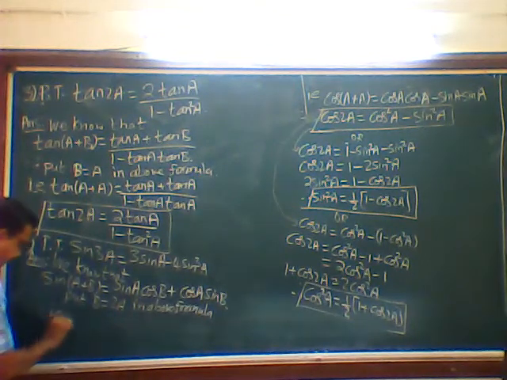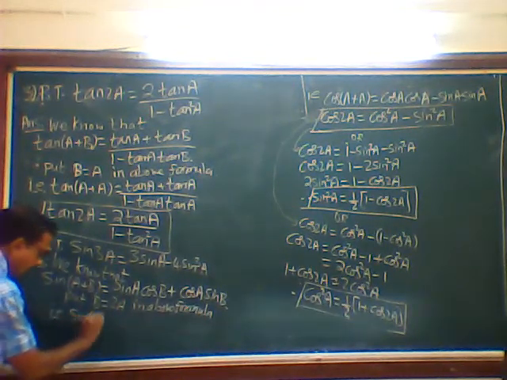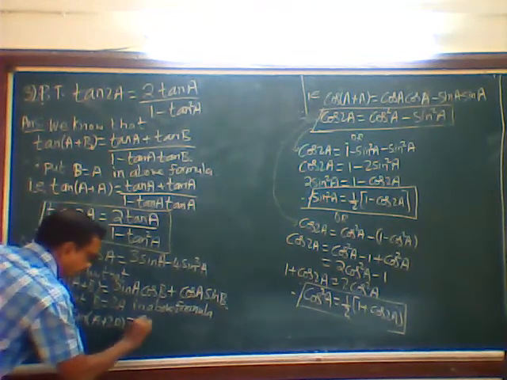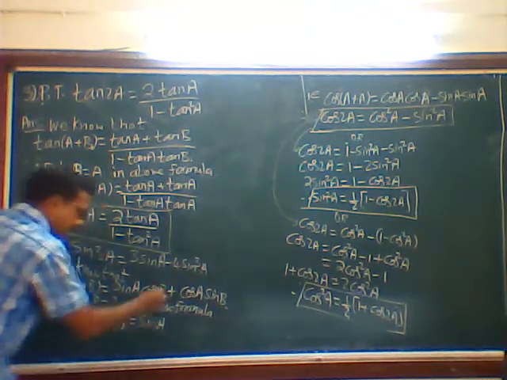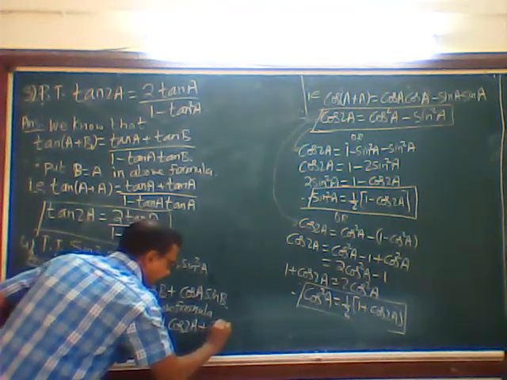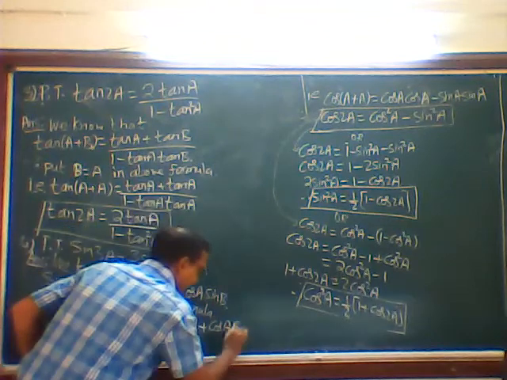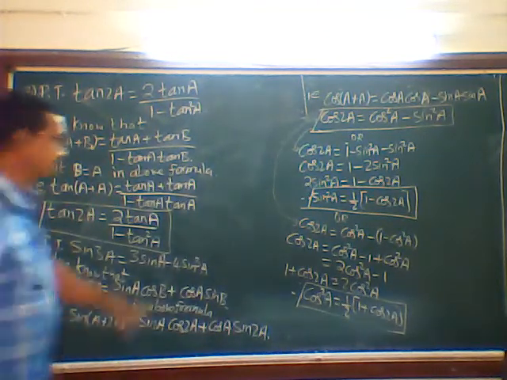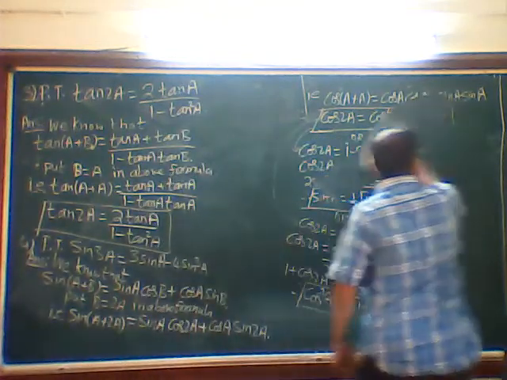That is sin of A plus 2A. Wherever B is there, you put 2A. Sin A, cos B will be written as cos 2A. Cos A as it is. Sin B will be written as sin 2A.